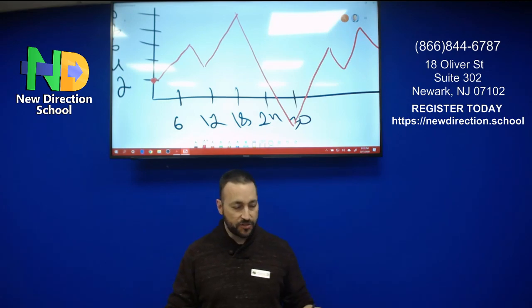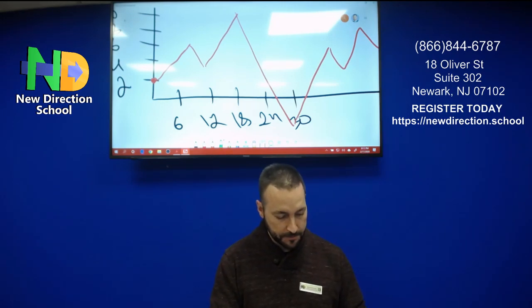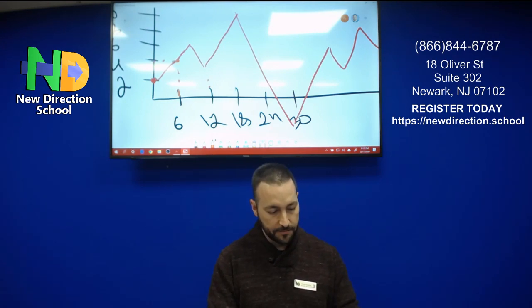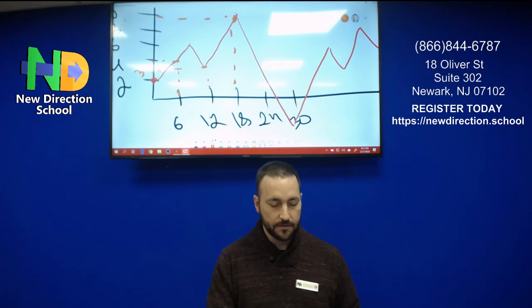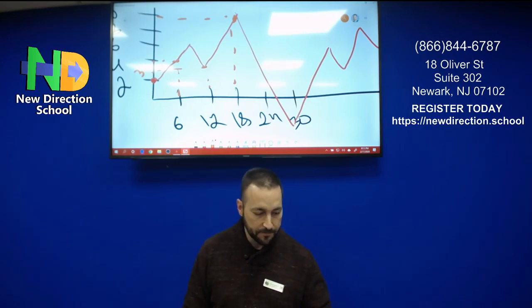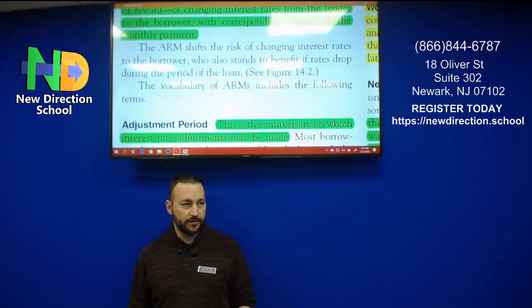So that means that for 6 months your payment is locked to an interest rate, in this case 4. 6 months later, in this case it would be 3. 6 months later, does that make sense? It's at 10. So your rates lock every 6 months. We call that, again, adjustment period.